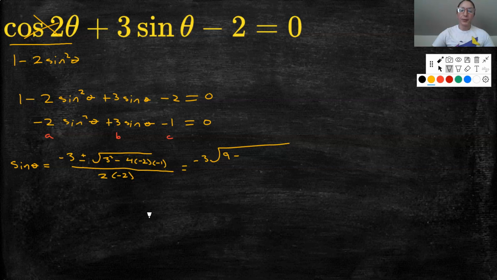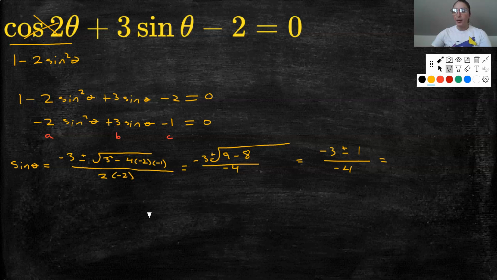Positive 2 times 4 is 8, so this would be 9 minus 8 up here. 2 times negative 2 is negative 4. Conveniently, 9 minus 8 is 1. Oops, I forgot the plus minus. 9 minus 8 is 1, and the square root of 1 is 1. So this is going to be negative 3 plus or minus 1 over negative 4.